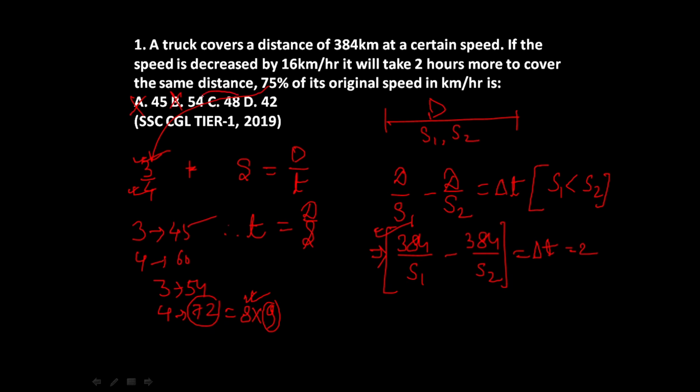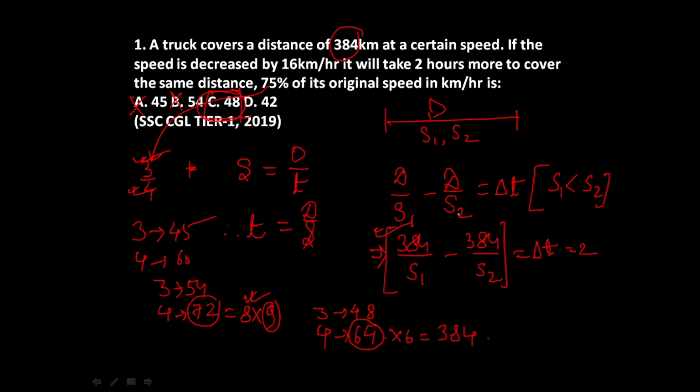We have already seen option C is the correct answer, 48, where 3 is equal to 48. So 4 will be equal to 64, right? 384 can be totally divided by 64 because 64 into 6 is equal to 384. Clear? That is why 48 is the correct answer.